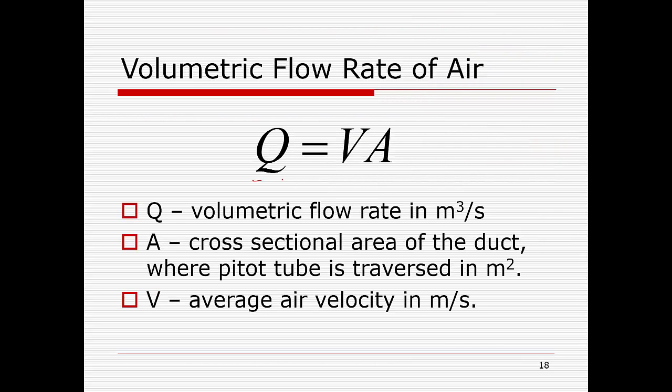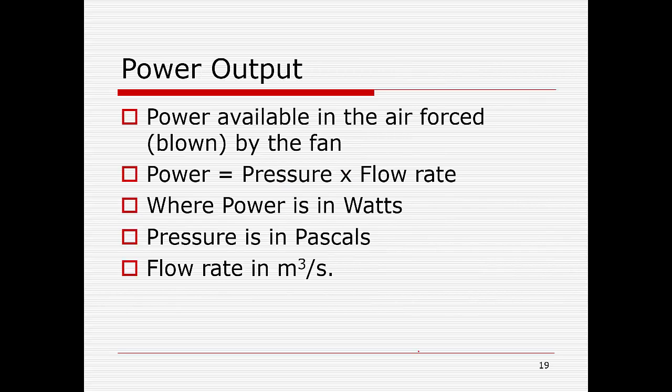Then the volumetric flow rate Q is equal to the velocity times the cross-sectional area of the duct. So let's recall why we are doing all these steps. If you remember the entire setup, I had a fan, and then I had that elaborate setup, and then I measured with the pitot tube.